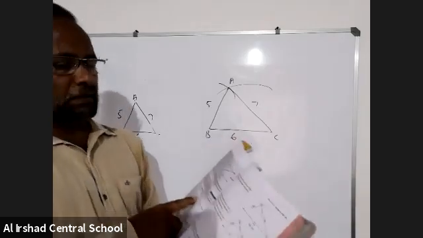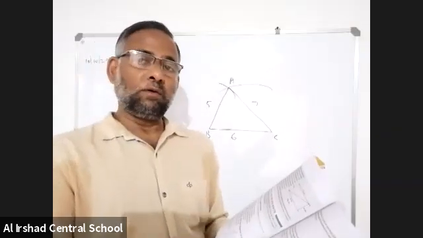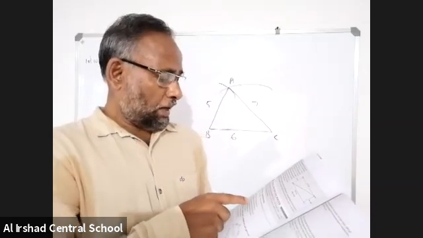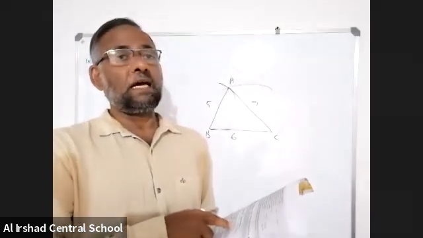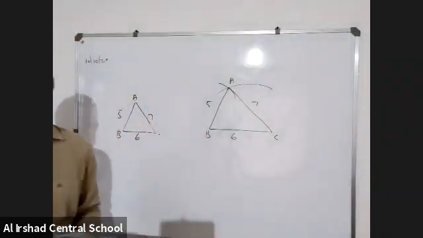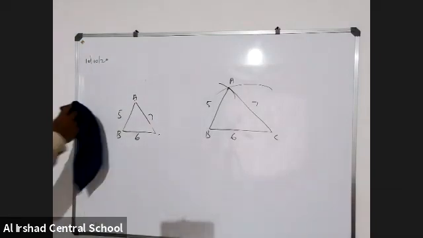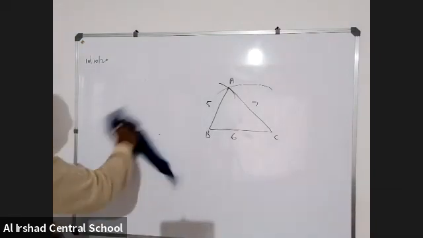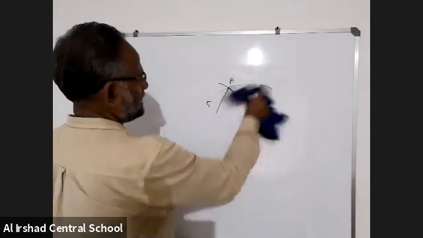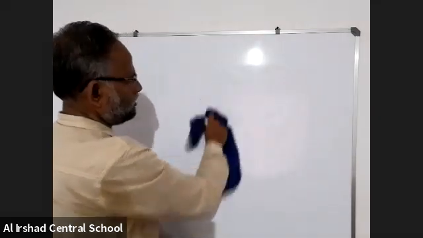First construction, everything is there. You have to do it from the textbook. When 2 diagonals and 3 sides are given, the construction is in here.